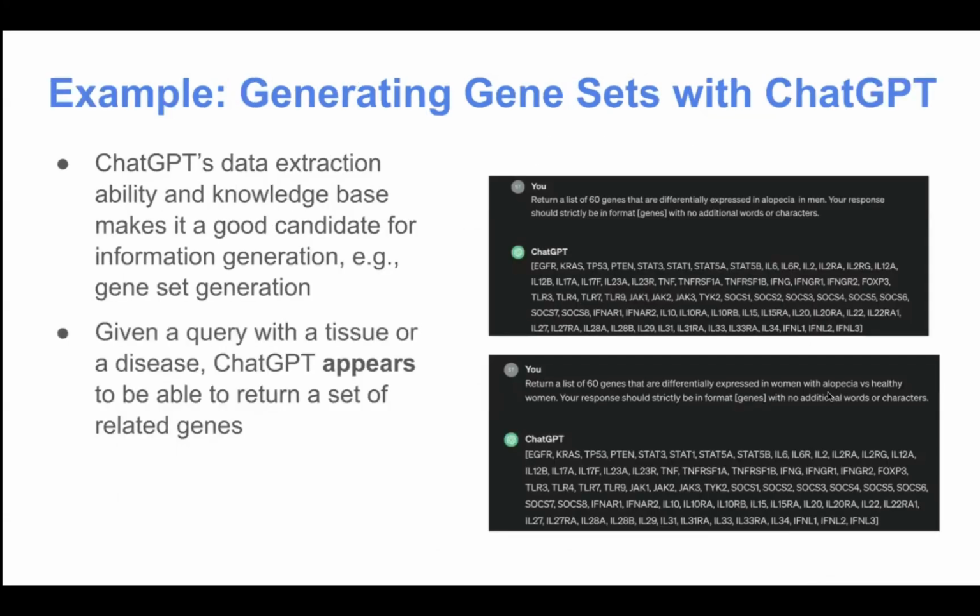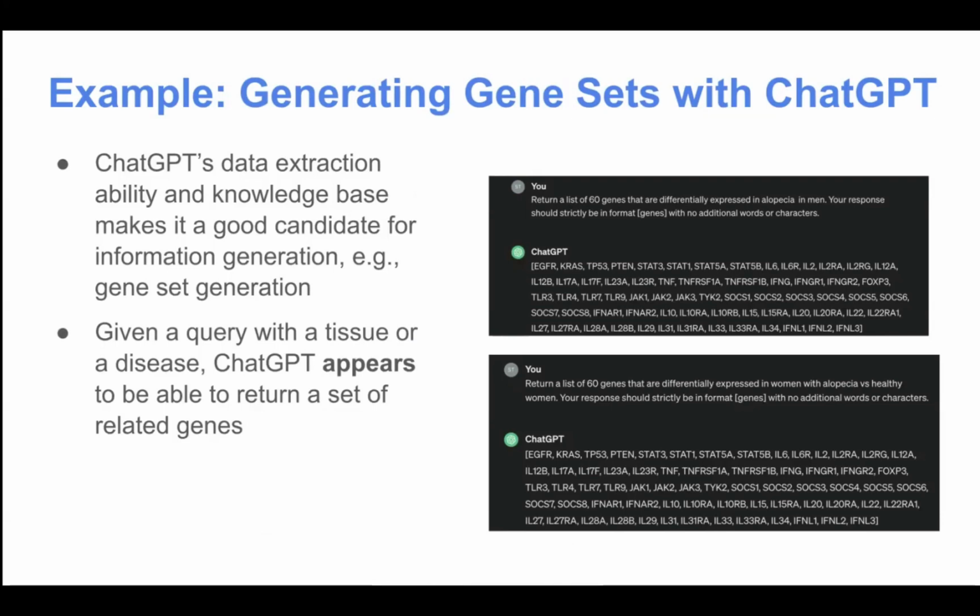So if we look at a specific example of a bioinformatics related task with ChatGPT, we might think that since ChatGPT has been trained on this mass amount of textual data, which includes abstracts from PubMed and potentially full articles on PubMed Central, one application that it might be able to execute is extracting genes that are related to certain diseases.